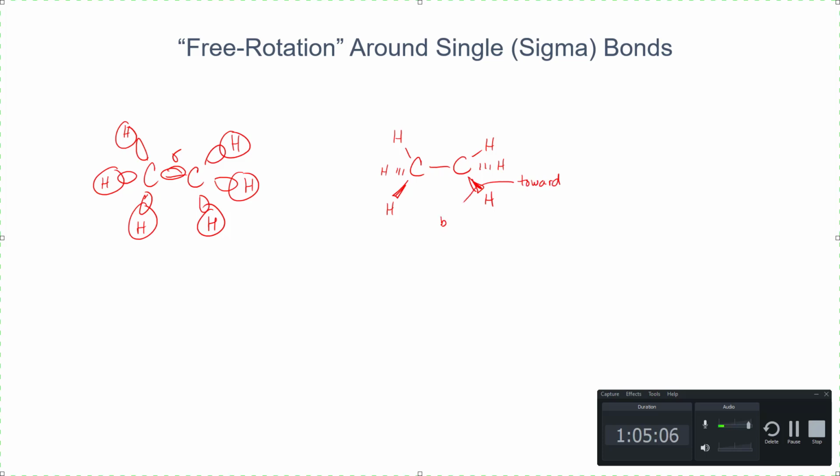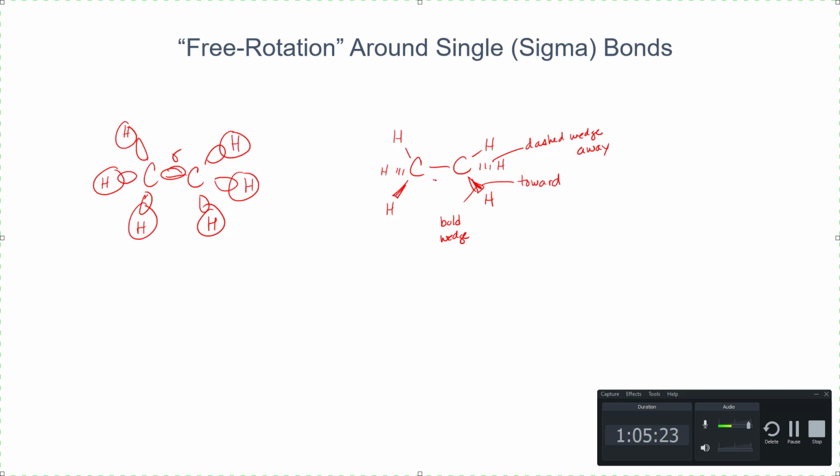This is a bold wedge, and a dashed wedge is basically away or behind the screen.